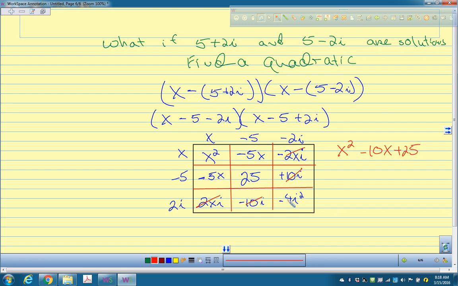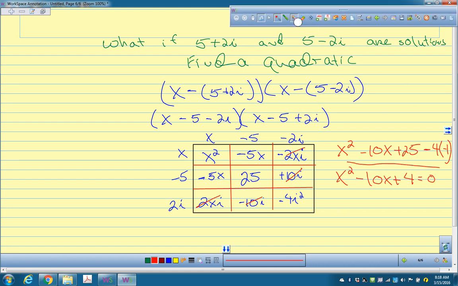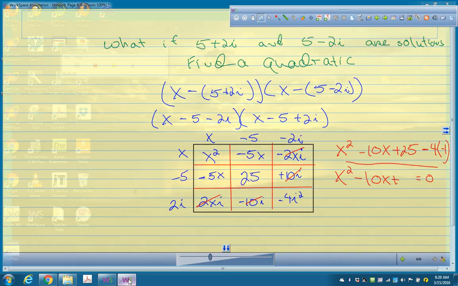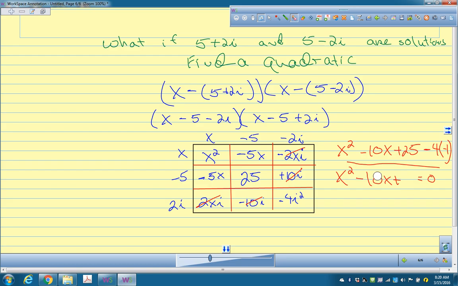And then I have this minus 4i squared. But what's minus 4i squared equal to? That's equal to minus 4 times i squared, which, remember, was negative 1. So that makes plus 4, right? So altogether I have x squared minus 10x plus 4, I'm sorry, plus 29, because 25 plus 4 is 29, right?